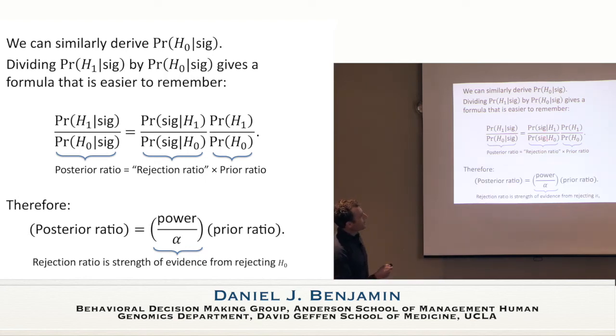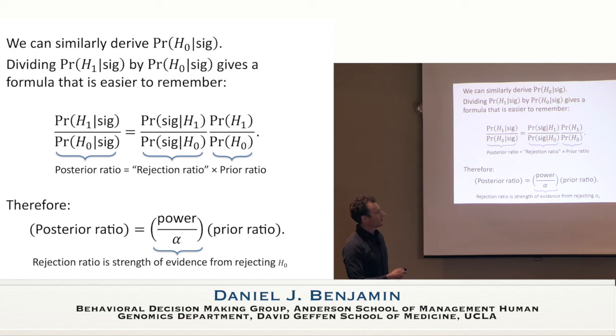This term, the probability of a significant result given that there really is an effect, is power. And this term, the probability that you get a significant result given that there's no effect, is the significance threshold. So this ratio of power to the significance threshold turns out to be an important quantity. It's called the rejection ratio, and it can be interpreted as the strength of evidence from rejecting the null hypothesis.